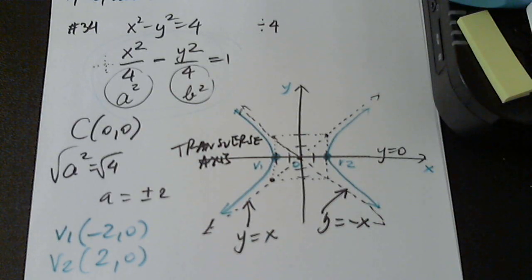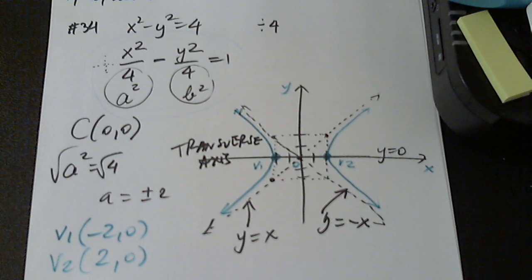So now we only want to determine the foci. And remember, this time, this is F1, focus 1, and this is focus 2. As you notice, this distance is bigger than a. Therefore, this is the relationship. For the ellipse, we had b squared equals a squared minus c squared.